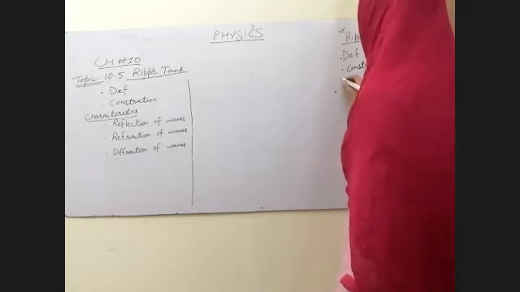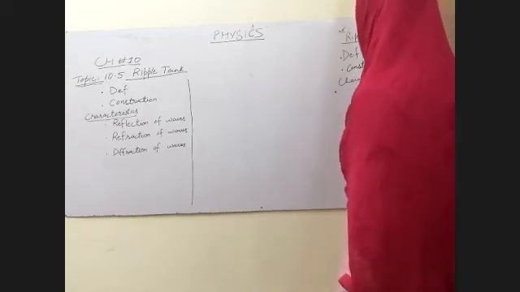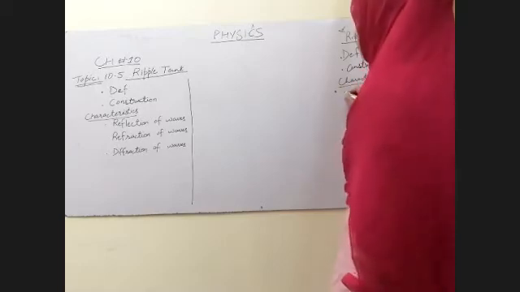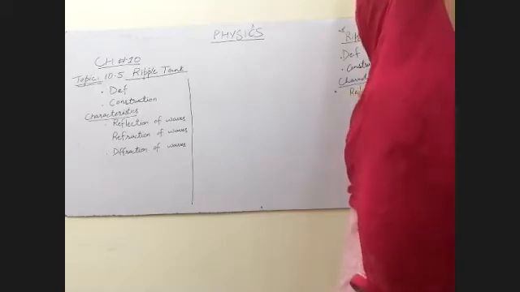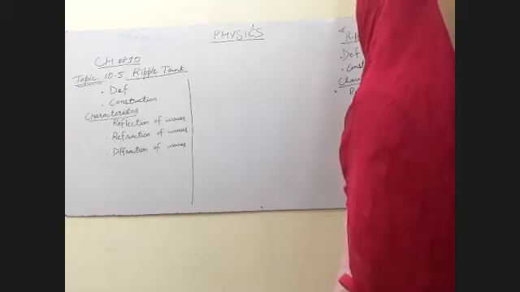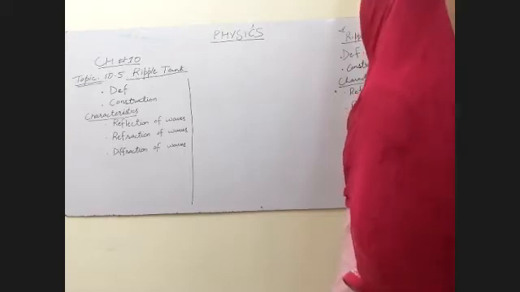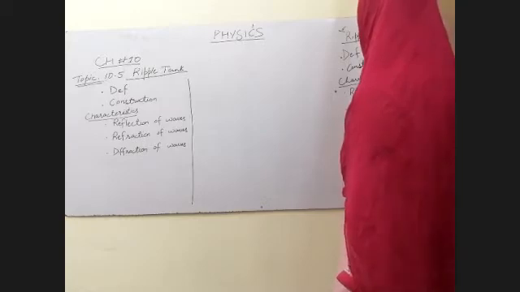In characteristics, we have three types. First one is the reflection, second one is the refraction, and the third one is the diffraction.